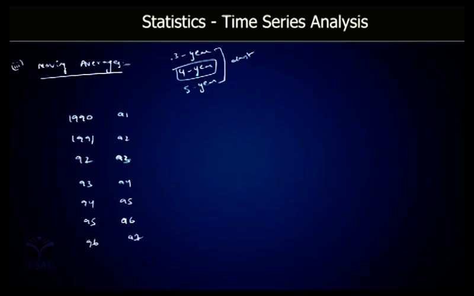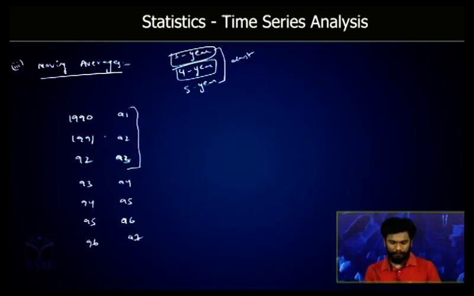Now first let us discuss the 3-year moving average. In the 3-year moving average, I take the average of the first 3 values and assign that average to the middle year. What is the middle year? 1991. I'll assign that average to year 1991. Let us consider that average is A1.